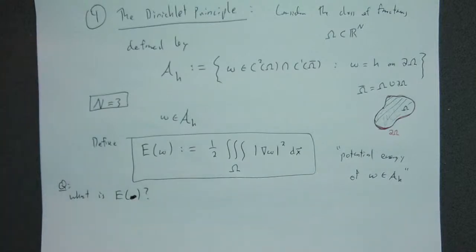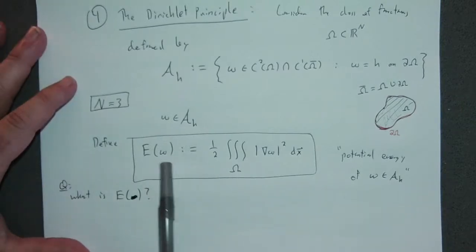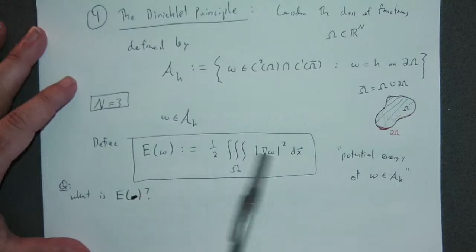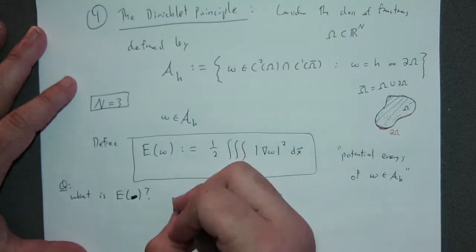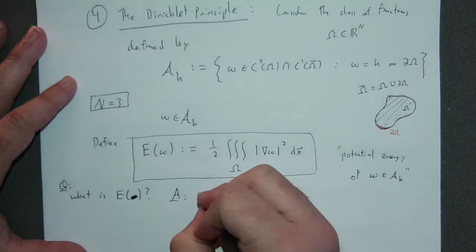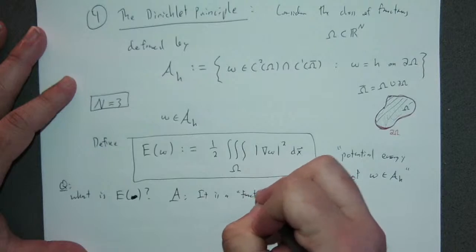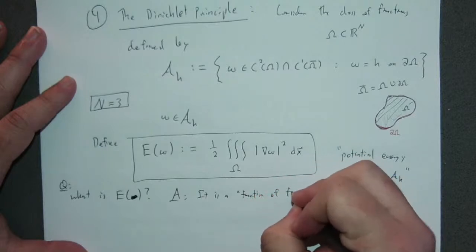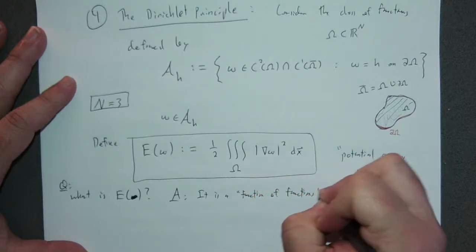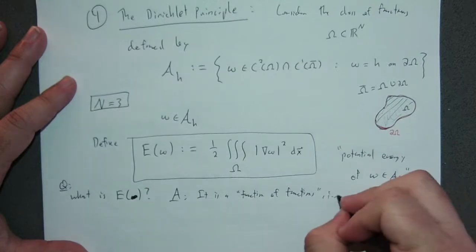We haven't plugged in a function. What is this E object? What does it take as inputs? As inputs, it takes functions. So the answer is it is a function of functions, i.e., it is a functional.